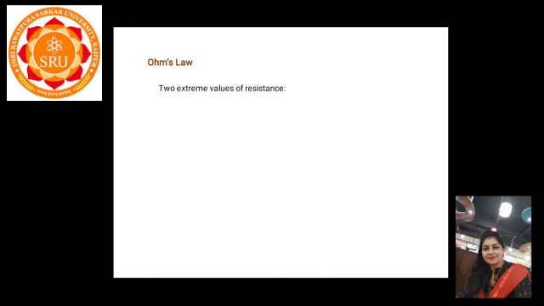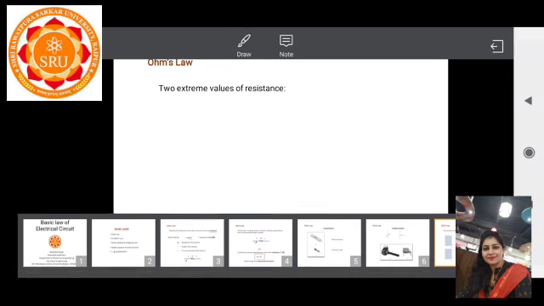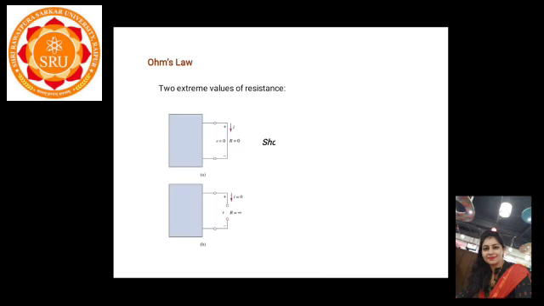Now, the extreme values of resistance are either 0 or infinity. The value of resistance will be 0 when the circuit is short circuited, and infinity if the circuit is open circuited. How does it come? When the circuit is short circuited, maximum current will flow. So the value of I is maximum and the voltage will be 0.